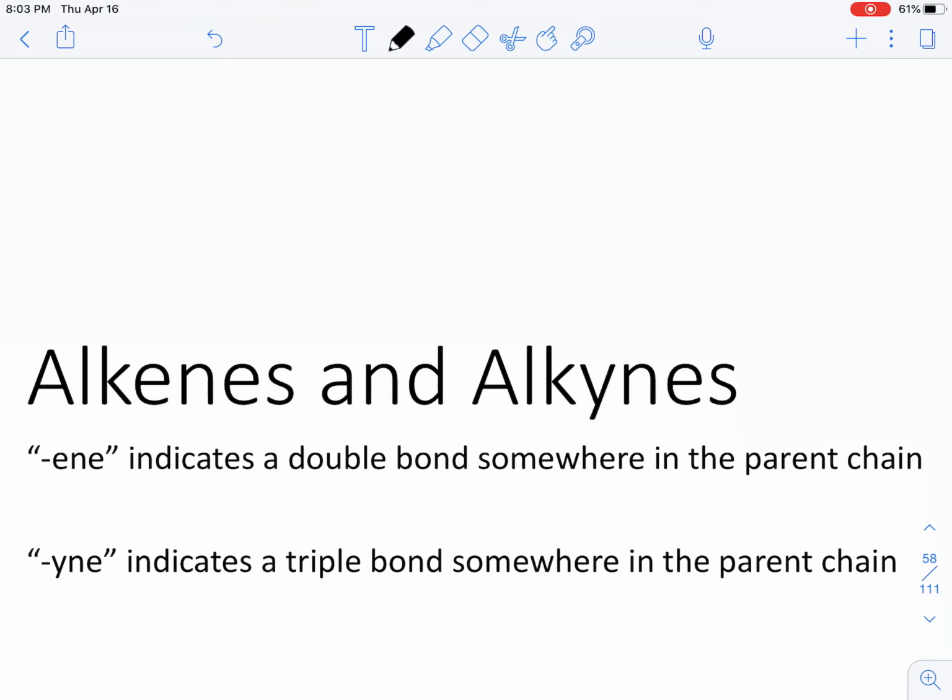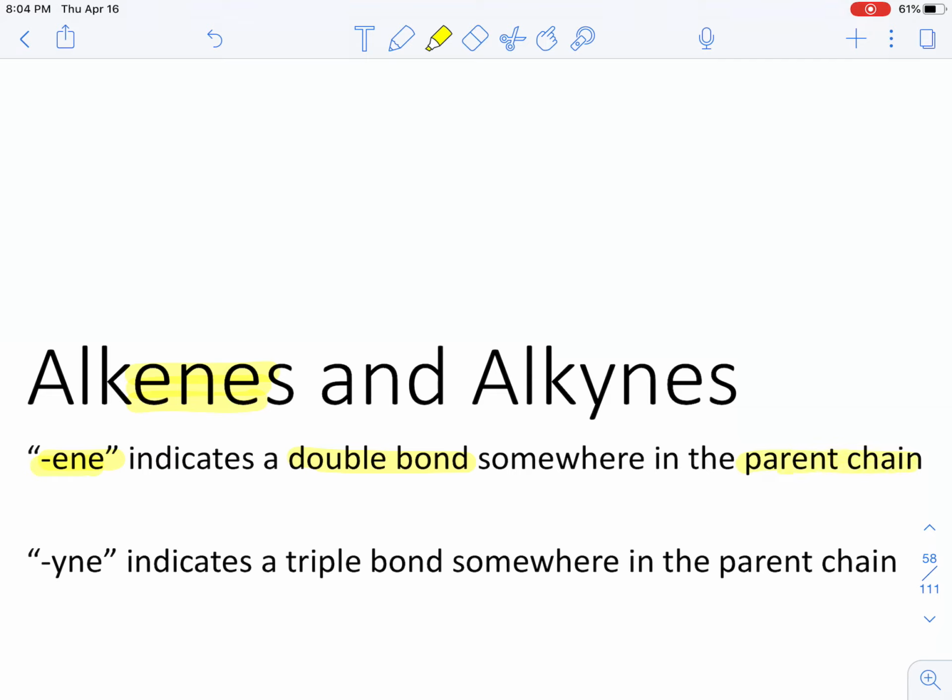So what are alkenes and alkynes? Alkenes and alkynes belong to the hydrocarbon family, right? So imagine an organic compound filled with just carbons and hydrogens. However, if you have a double bond in your organic compound, then you would use the suffix -ene to communicate to the reader that there is a double bond somewhere in the parent chain.